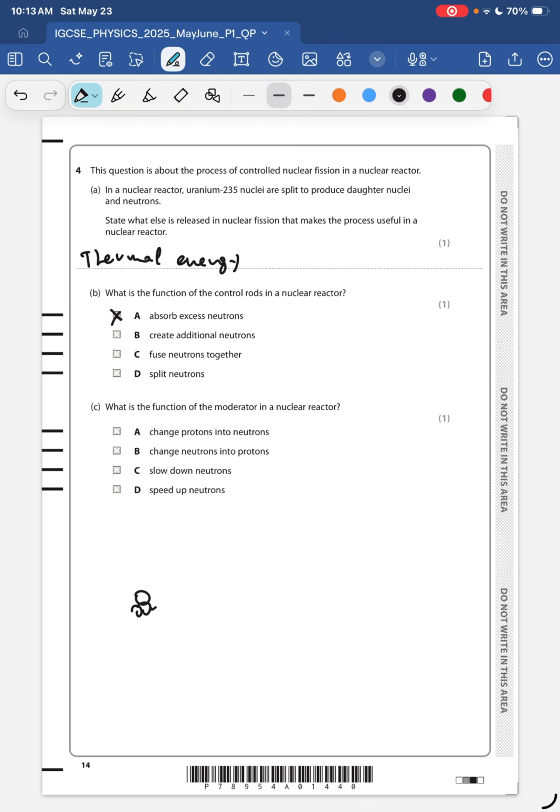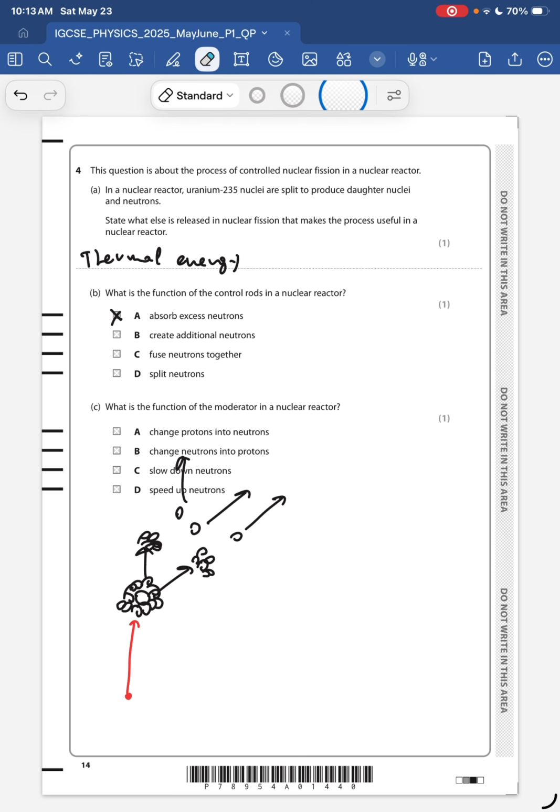You have uranium-235. You hit it with a neutron, and it splits this nucleus into something lighter, and then you have the release of extra neutrons that go on to find other nuclei to split. So this releases heat, and this is what makes a nuclear reactor useful for the production of energy.